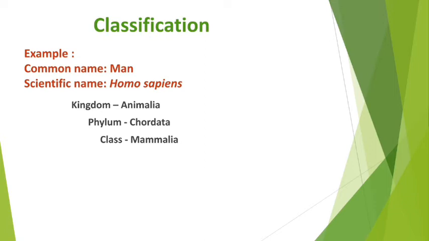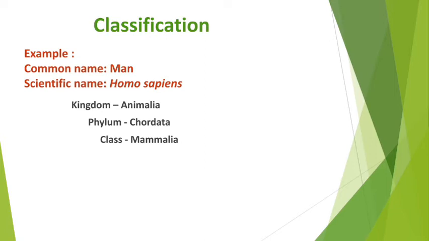So different mammals are there. Cow, goat, dog, cat, different mammals are there in your surroundings. But if somebody says that a dog and you are the same, will you be happy? No, you will never be. You can't accept yourself as the same as a dog, isn't it? So you want your specific identity.